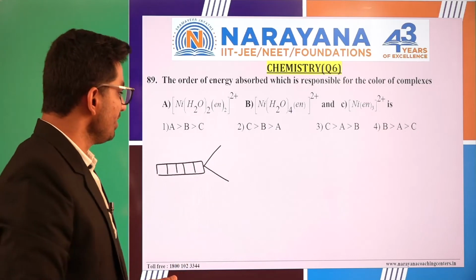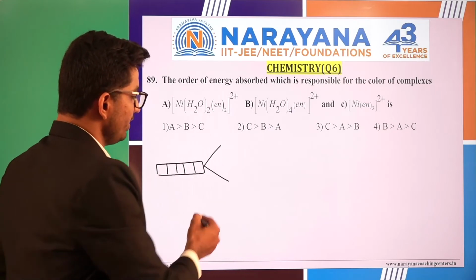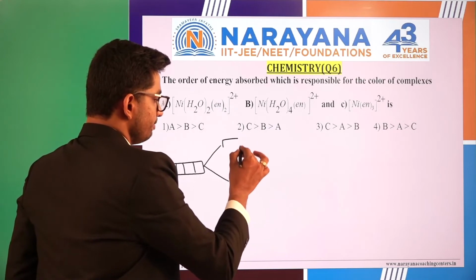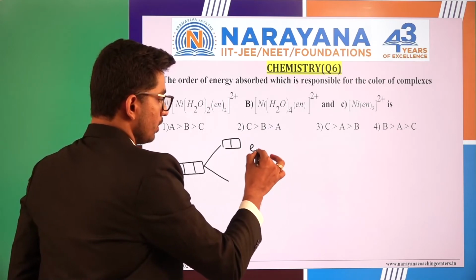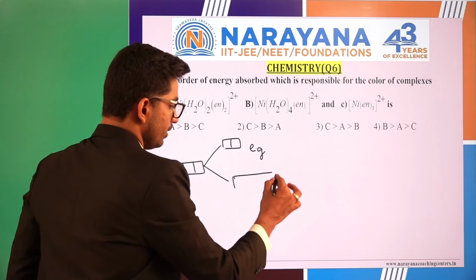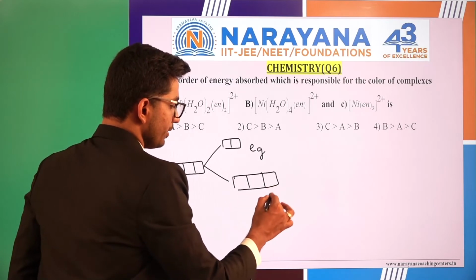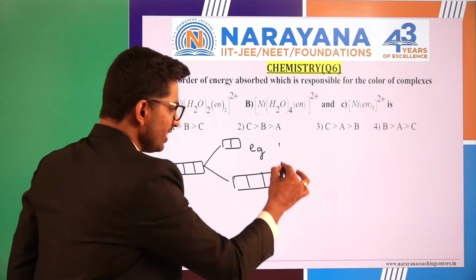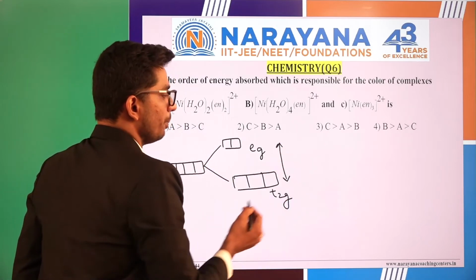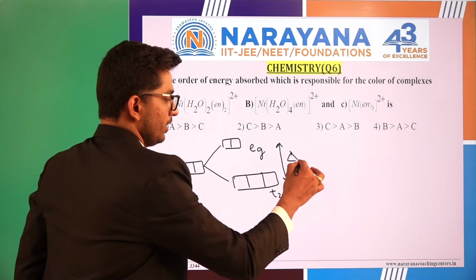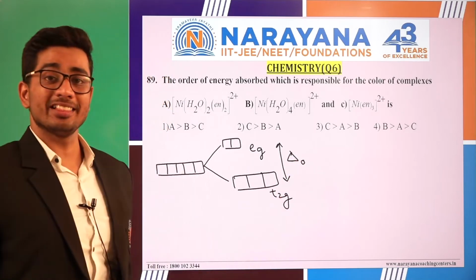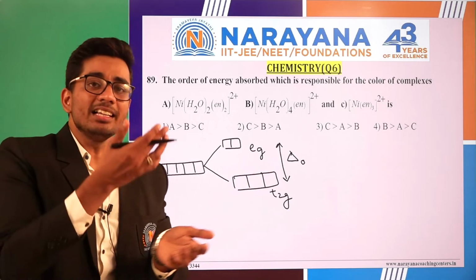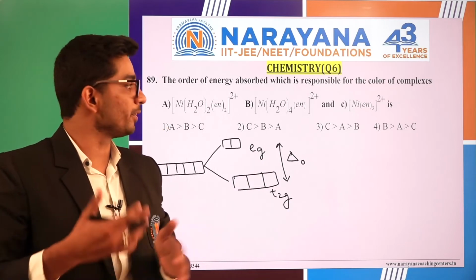So here we'll see that we have Eg orbitals here, and we have T2g orbitals here. The difference in energy of these orbitals is called splitting energy, and that is what makes the electron make transitions and produce color.